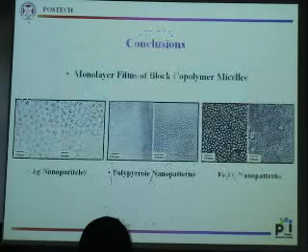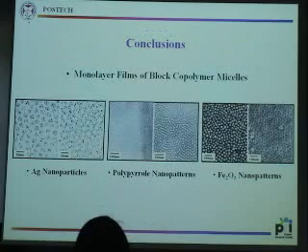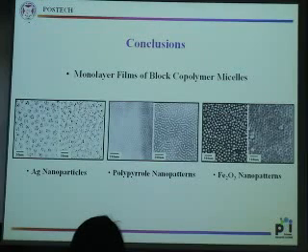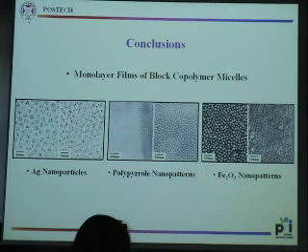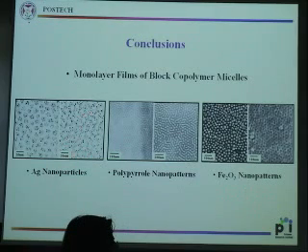So let me summarize my talk. Based on the monolayer film of block-polymer micelle, we demonstrated synthesis of silver nanoparticles, fabrication of nanopatterns of conducting polymer, or polypyrrole, and fabrication of nanopatterns of iron oxide. Also, we were able to change the nanopatterns simply by solvent treatment. Thank you very much.